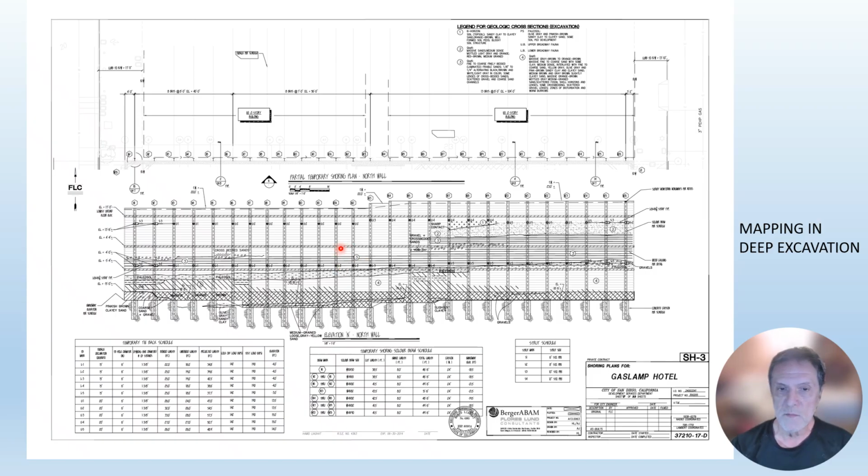You know the spacing between these soldier beams, and you know the vertical elevation change. All you need to do is count the number of wood planks that are in there to get your depth, and you map every feature you can see. Down here, if you blow this up, you can see I mapped a paleosol. This is a hotel project in downtown San Diego.